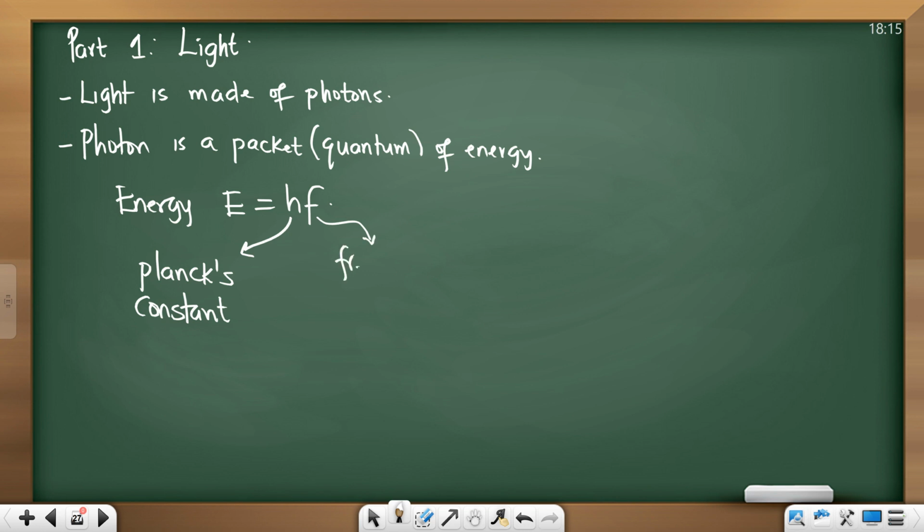It's the frequency of light. We're going to quickly go into that. And guys, there's no need to cram this formula. What would you notice? Since h is a constant, can I then say E and f are directly proportional? The higher the frequency, the bigger the energy.